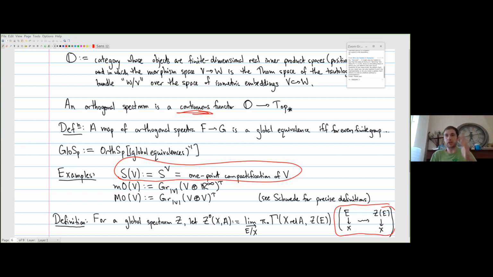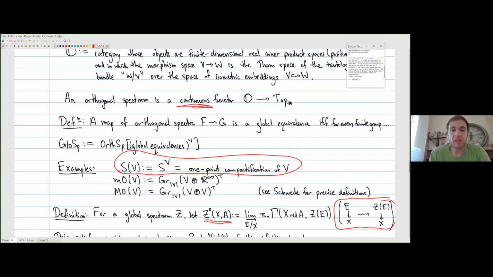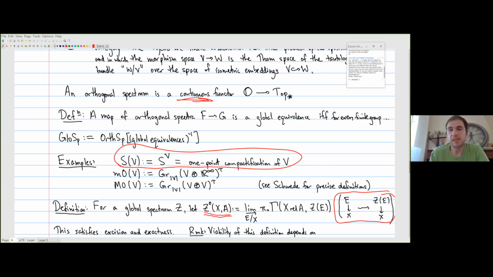So I get this fibration, and you can look at sections. Homotopy classes of sections is by definition the value of the Z cohomology of X. Now you have to take a direct limit over all vector bundles over X. You can see pretty easily it satisfies excision and exactness, and so it deserves to be called a cohomology theory.